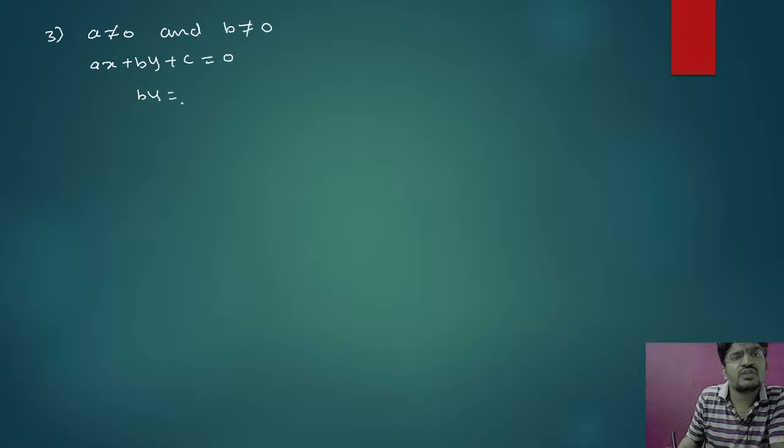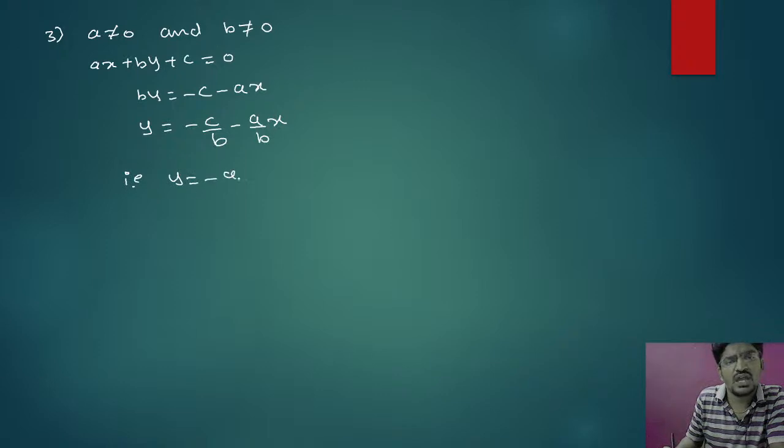Now BY will be equal to minus C minus AX. Now I can write y equal to minus C by B minus A by B into X. So that is nothing but y equal to minus A by B into X minus C by B.